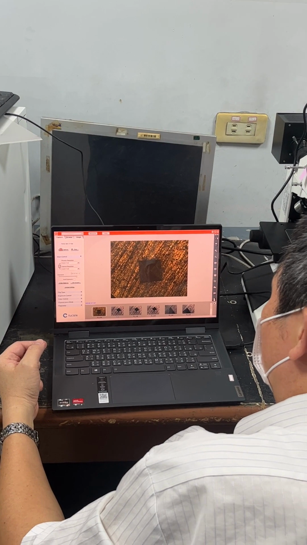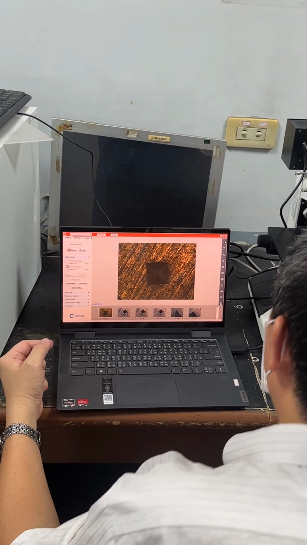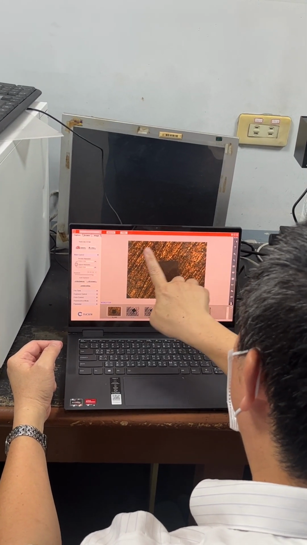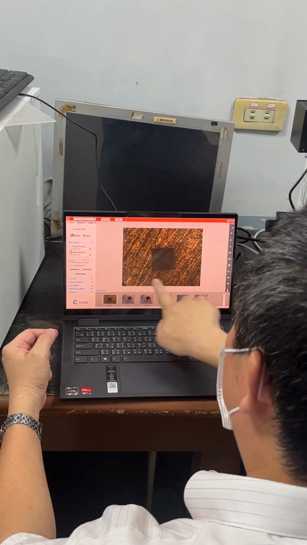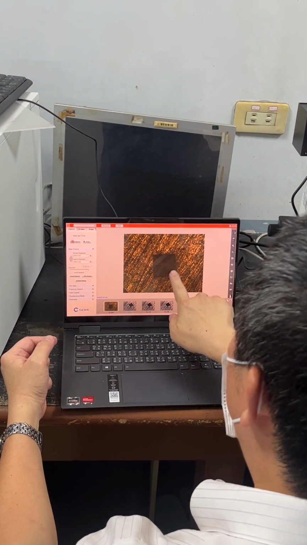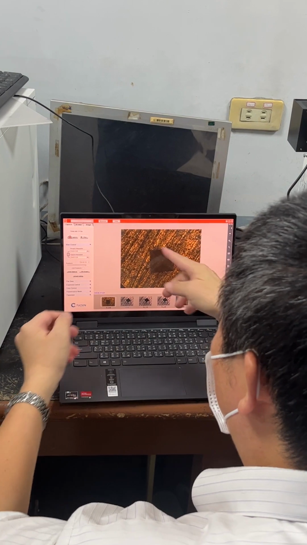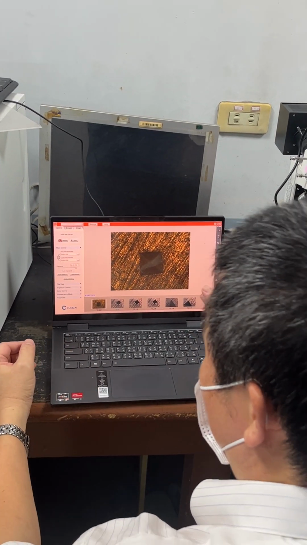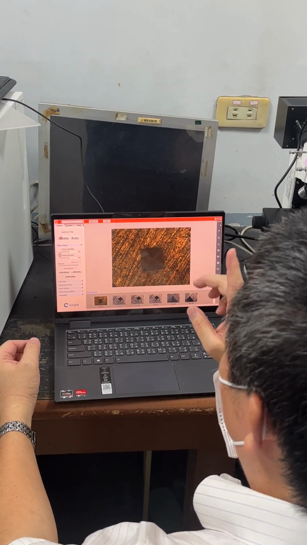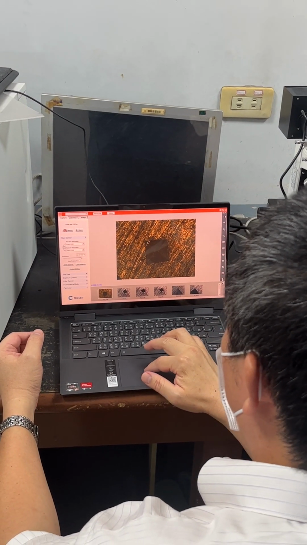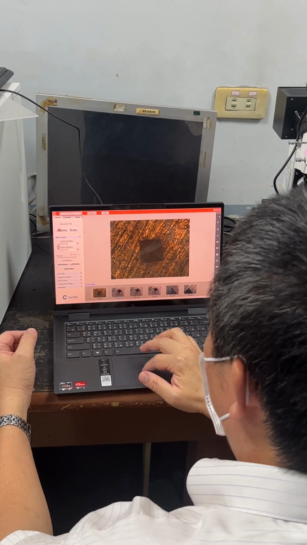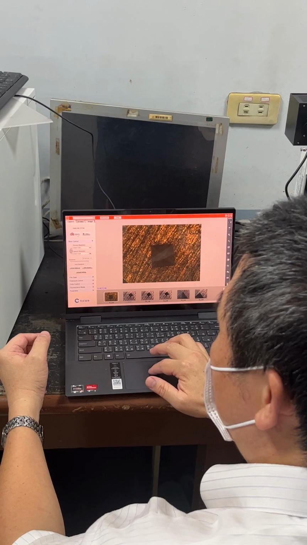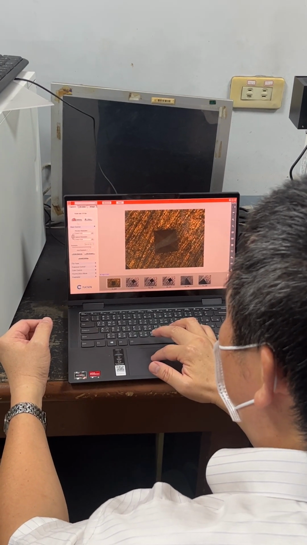Generally we will look at the surface, so we will make it the clearest and leave the hole a little bit blurred. It's fine. Okay, and when this is done, we capture the picture using this one.